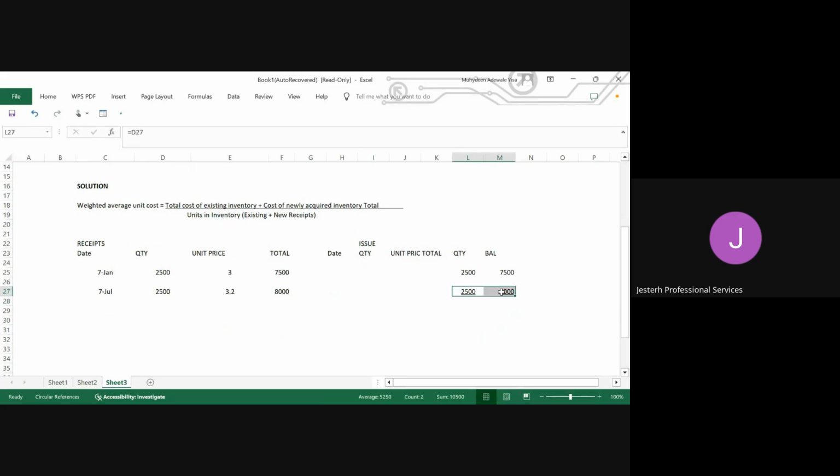Now, what is the total value of the goods that we have in stock? This one plus this.